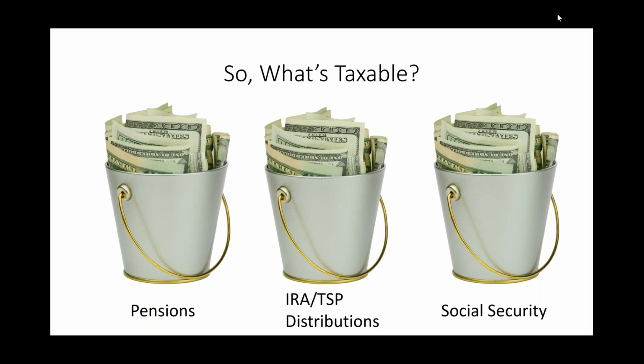Right? I see it all the time. I've done this now for 15 years, and taxes are the silent killer of people's retirement in so many different ways. But this is why I want to make sure I hit on what's taxable, so you understand what to work off of, so that you know exactly how to start making these decisions properly.